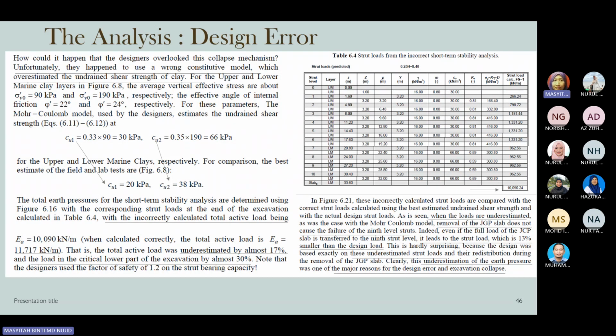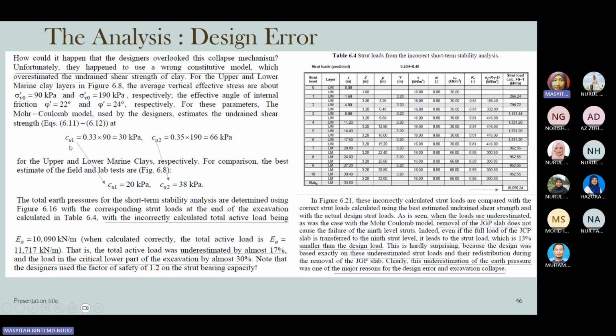So from the analysis, we want to look at the design error factors. Firstly, it is claimed that there was a wrong choice of constitutive soil model. Why is that? Because using the Mohr-Coulomb model, it overestimated the undrained strength of the clay.